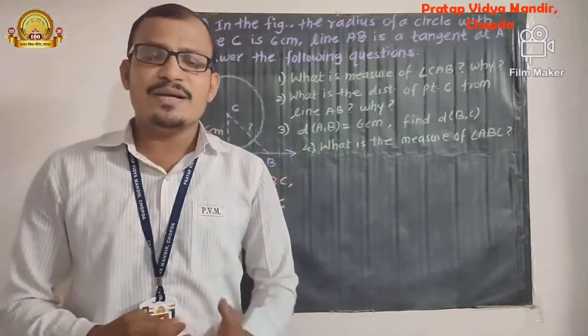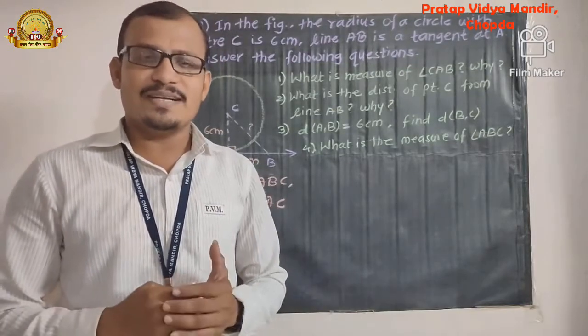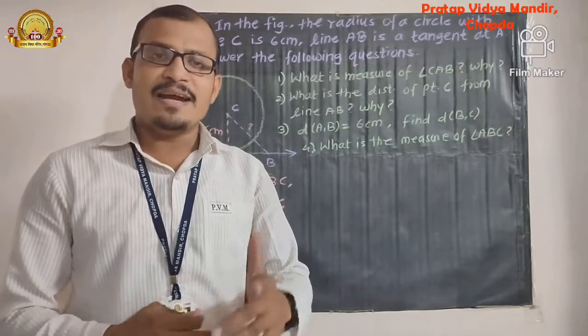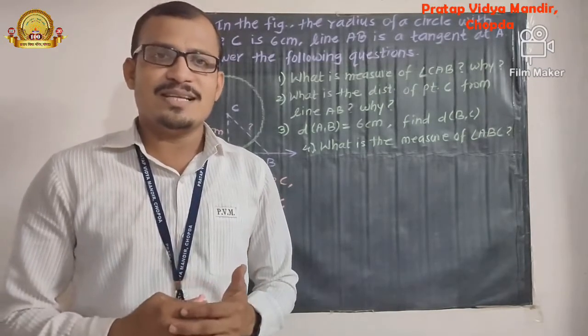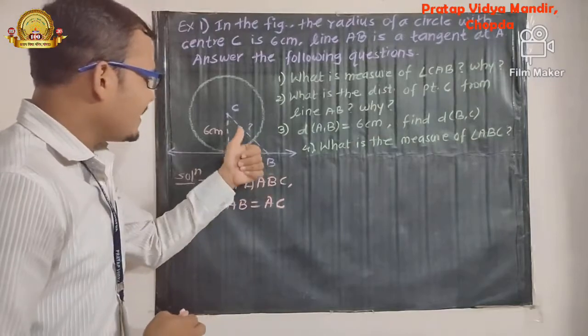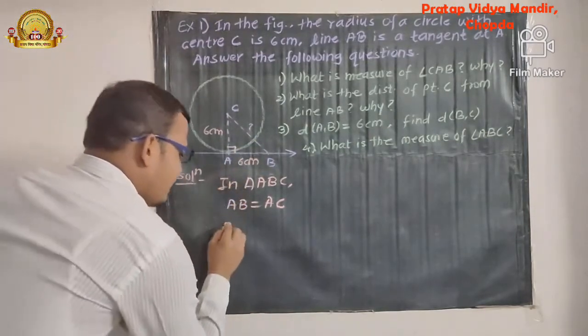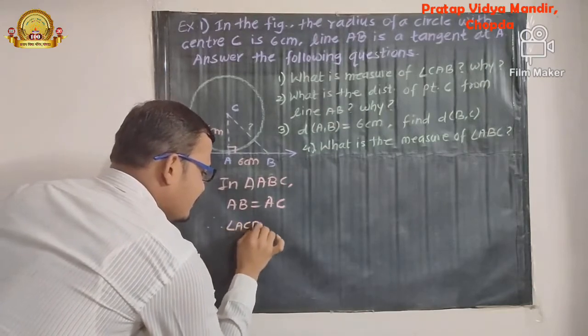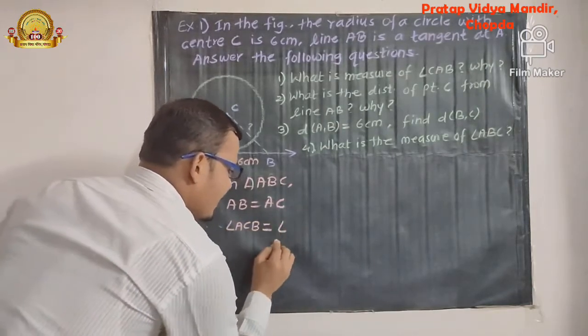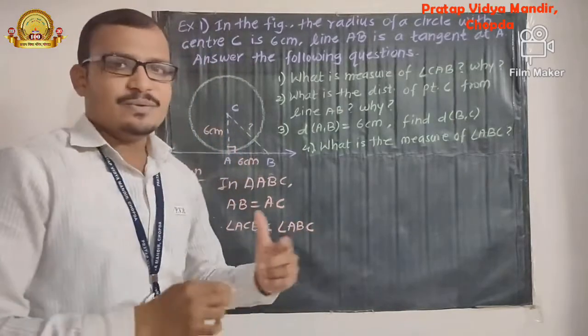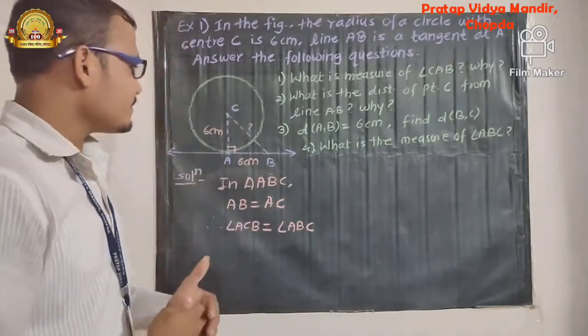And friends, we also know that when two sides of a triangle are equal, then that triangle is an isosceles triangle. And according to the isosceles triangle theorem, these two angles are also equal, and therefore angle ACB is equal to angle ABC.